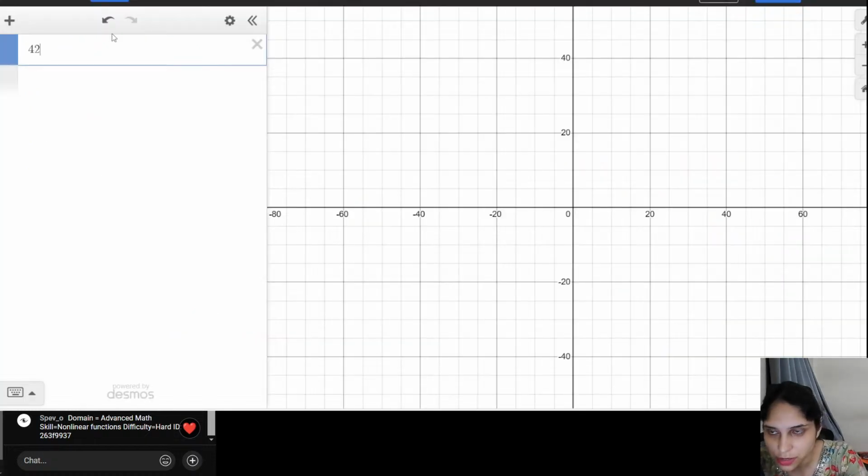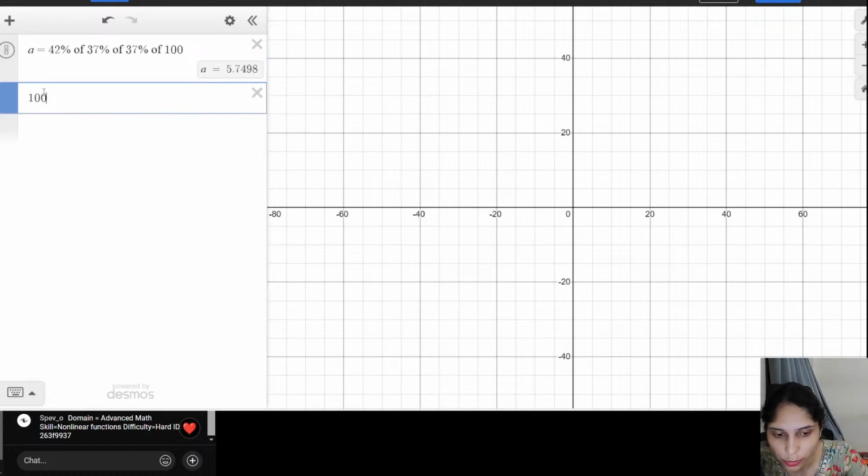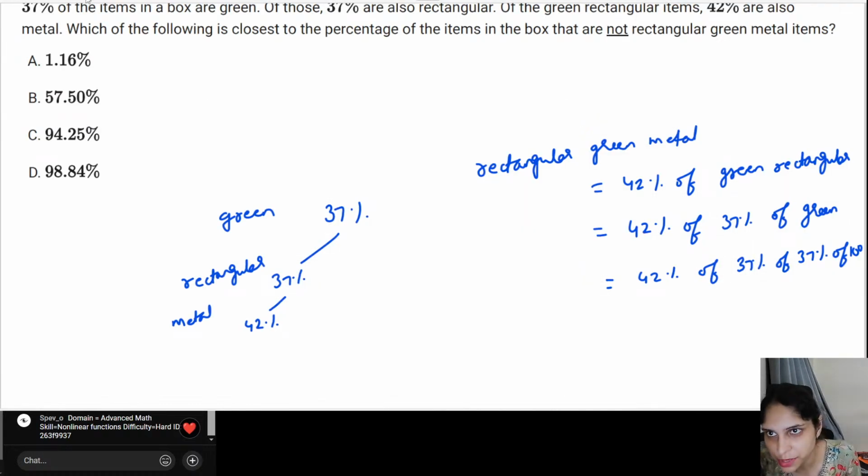Now we can find 42% of 37% of 37% of 100. That's 5.7498%, I will call this A. So how many are not? 94.25% are not green rectangular metal items.